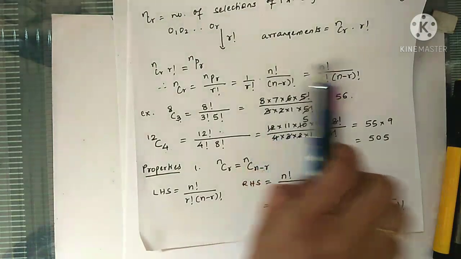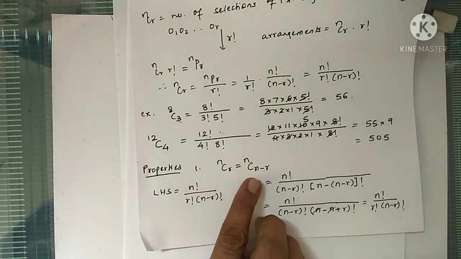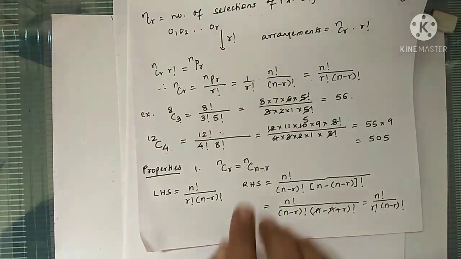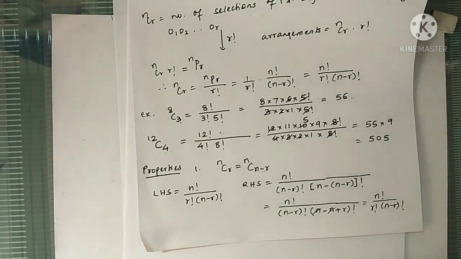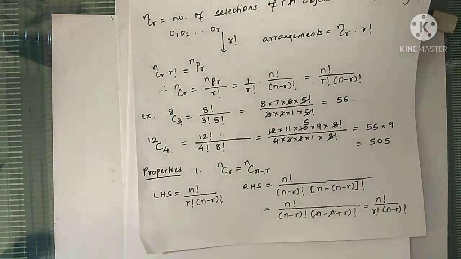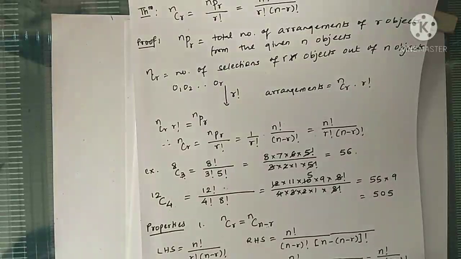That means selecting r objects out of n is the same as selecting the remaining n minus r objects from n objects. So that's why these two are equal, nCr and nC(n minus r). So selecting r objects means rejecting the rest of them. So it is one and the same.